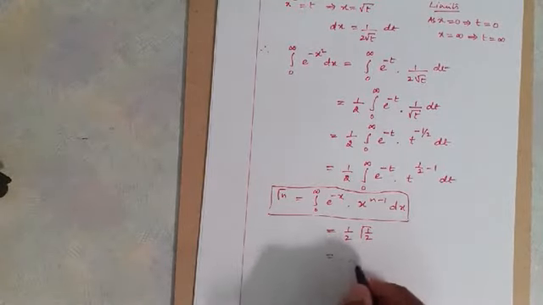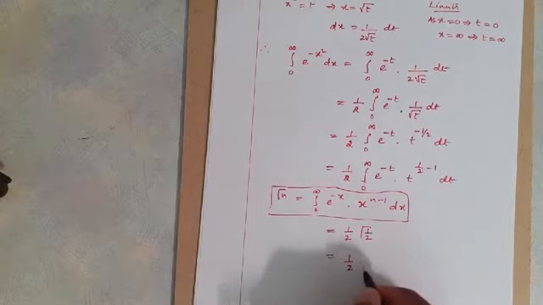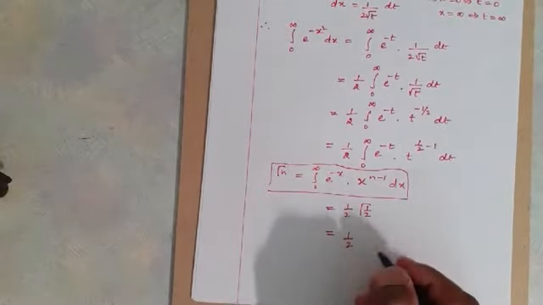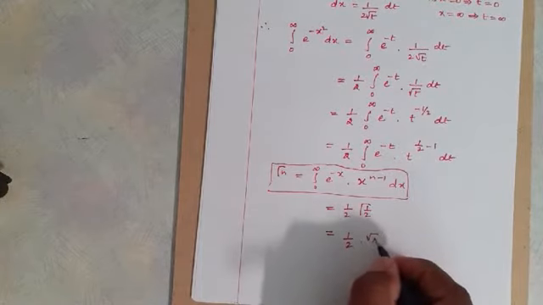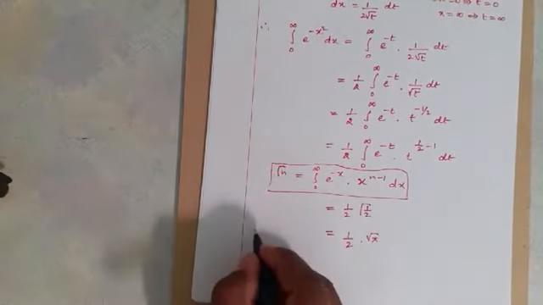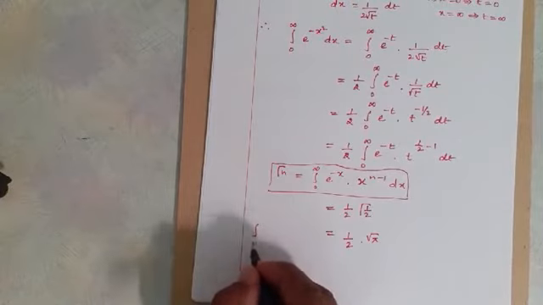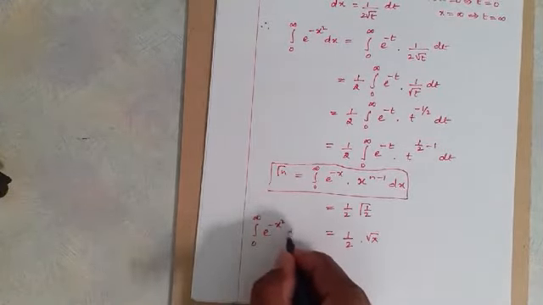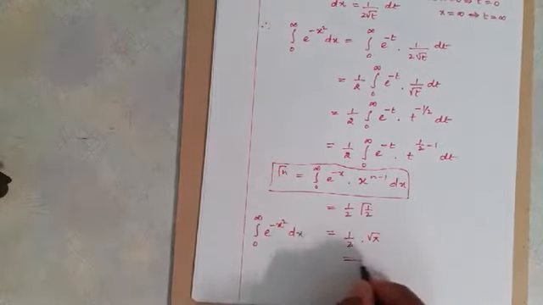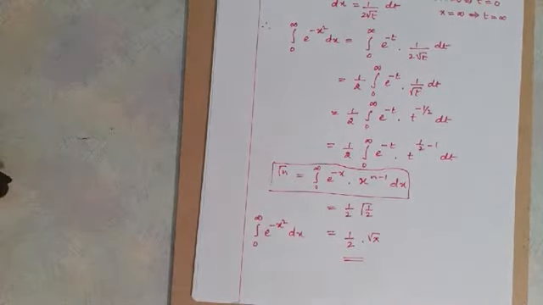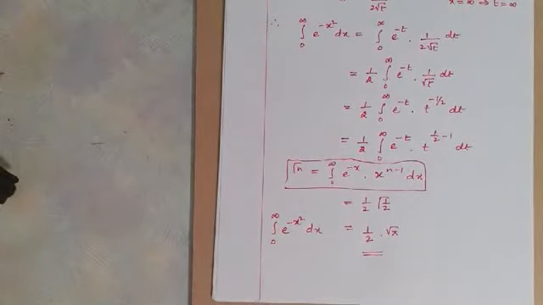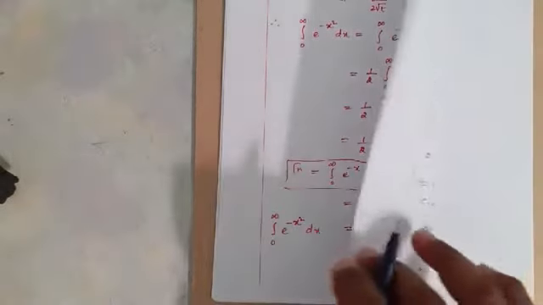This is equal to 1 upon 2 into, just now we did that gamma 1 by 2 is nothing but root pi. So I write here root pi. Therefore integral 0 to infinity e power minus x square dx is equal to root pi by 2. This is the answer for the given problem. Now let us do the next.